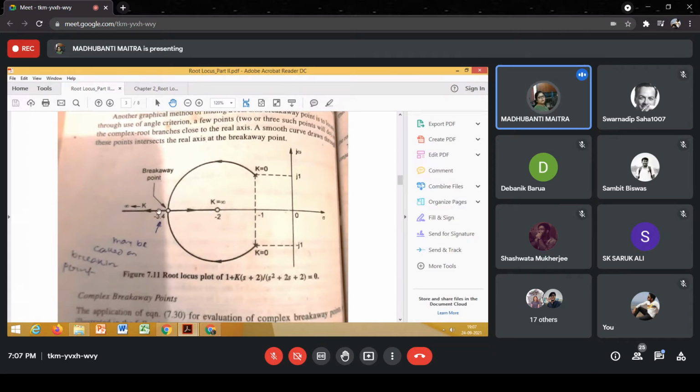Similarly, if you move along this real root branch, you will also find that the value of gain k is increasing towards infinity. So at this break-in point on the real axis, the value of gain k is minimum. Do you agree?